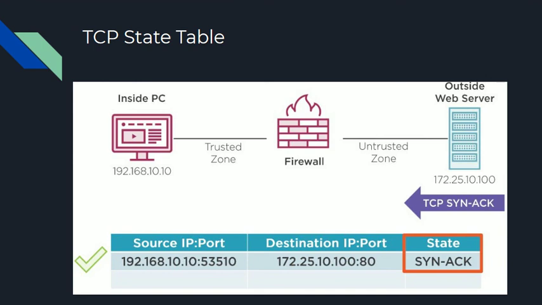So what we are going to do here is take that SYN-ACK coming back from the outside web server and compare it with our TCP state table, and we are expecting this message to come back too. Of course the source IP and port and destination IP and port are flip-flopped in our chart for return traffic, but it's all the same basic information.